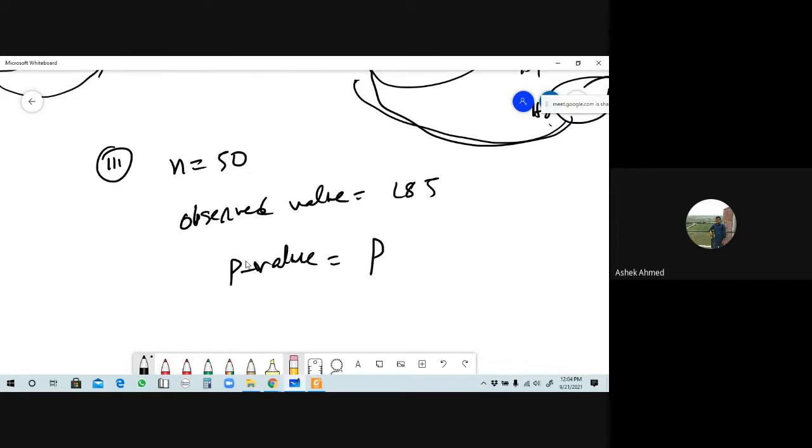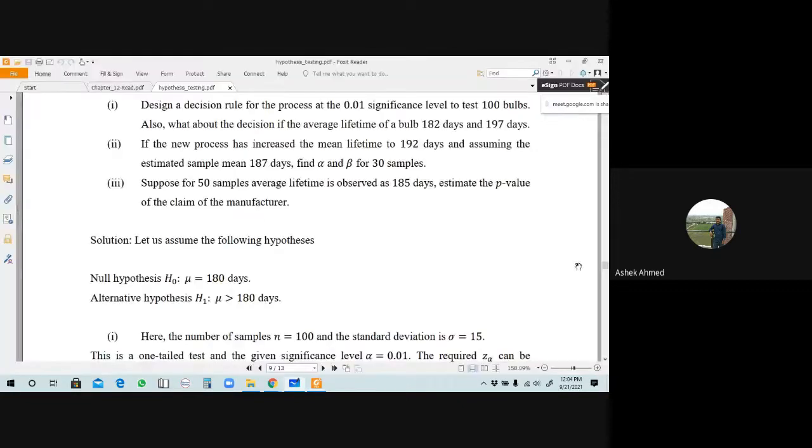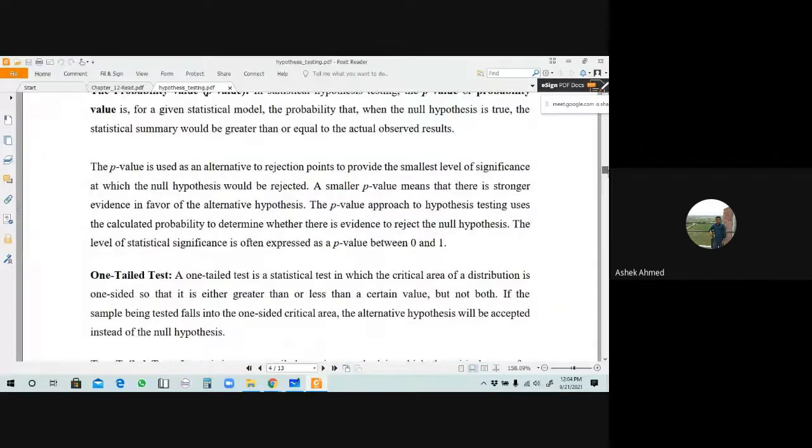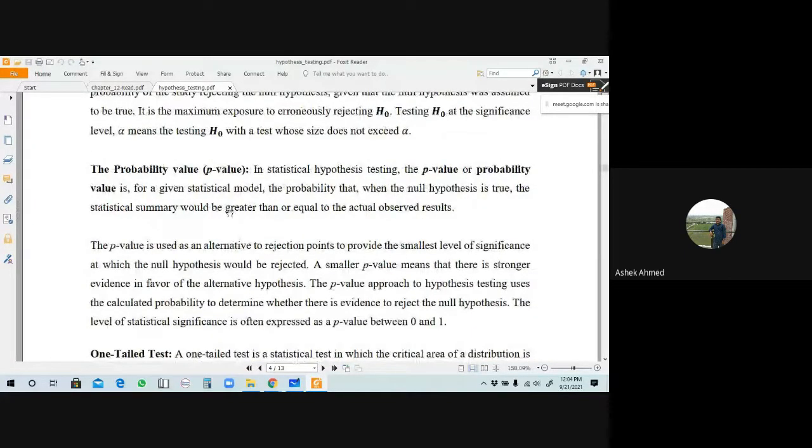That will be the probability of the observed value, when we were defining it. When we were defining p value, what was the formula? The p value is the probability of getting greater than or equal to the actual observed result.